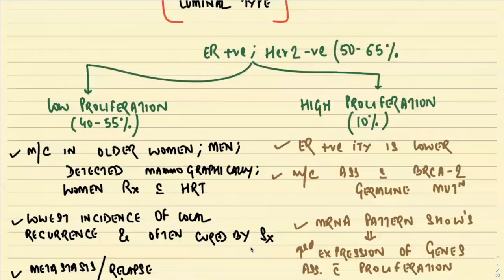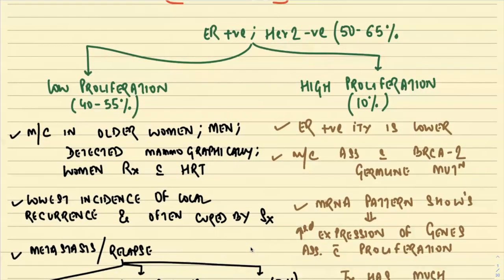Now we have to understand one very important thing: the ER positive, HER2 negative tumors, comprising 50 to 65% of all carcinomas, we also call the luminal type of breast carcinoma. It can be divided into two main parts: low proliferation or high proliferation breast carcinoma.